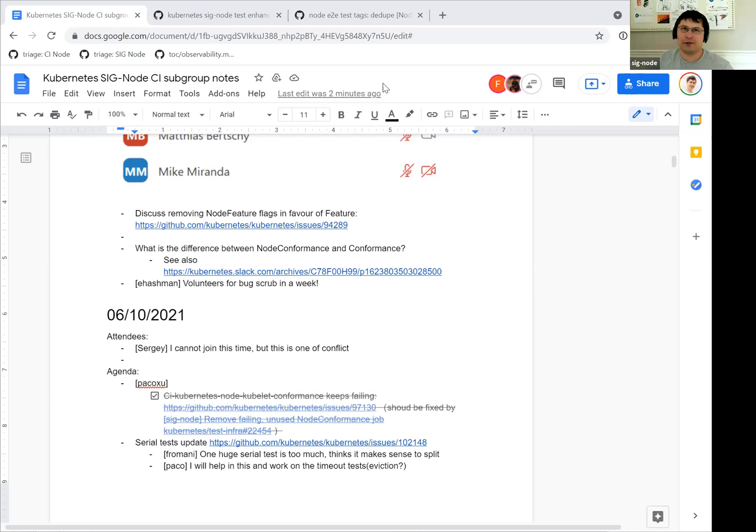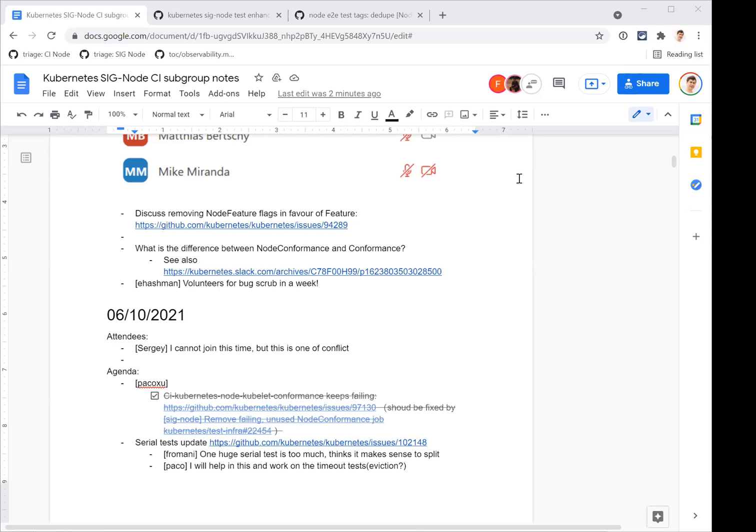I wonder, do we need to keep the feature tag after GA ever? Because I found a few examples where the feature tag is still present even though it's GA. Do we care?